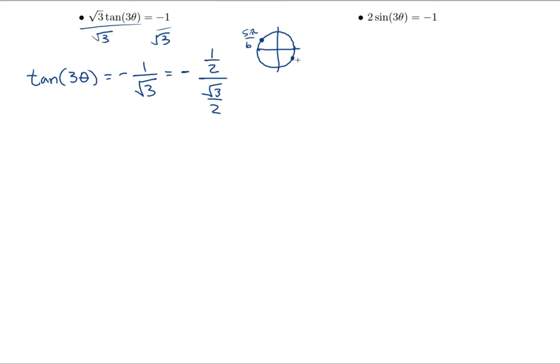And so remember, with tangent, you're always able to just write a single statement, 3 theta equals 5 pi over 6 plus k pi, right? We don't have to write 2 distinct statements when it comes to tangent. And I can multiply by 1/3 on both sides.